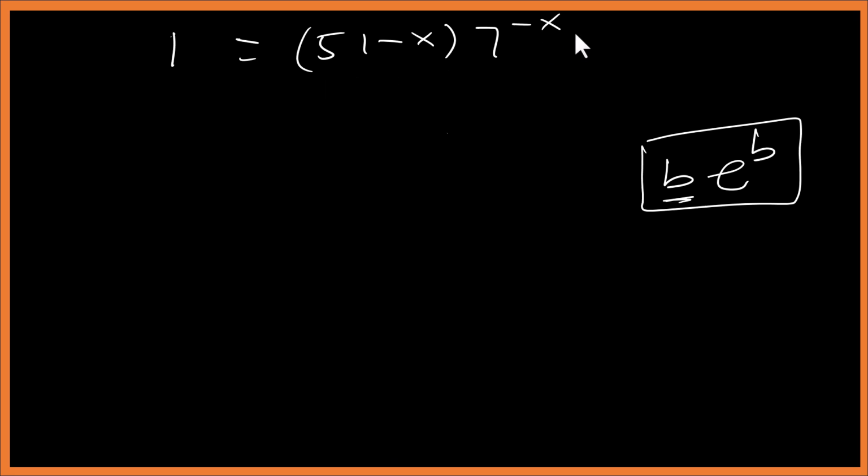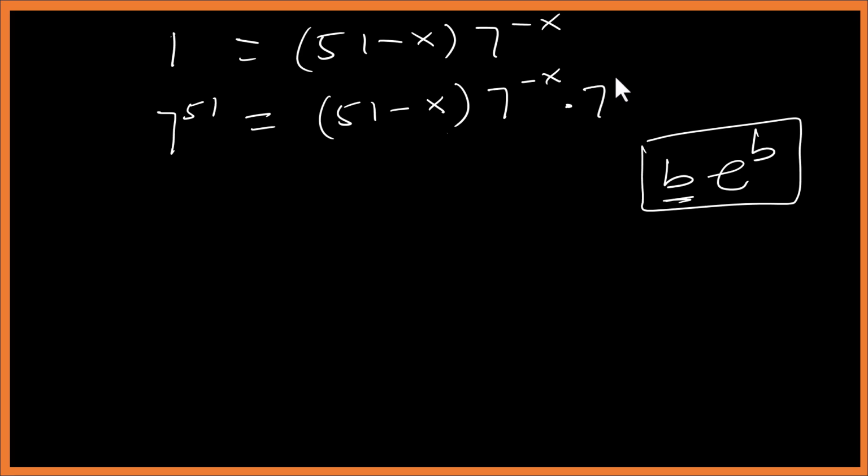Let's make this side also 51 minus x. So what we are going to do here is multiply both sides by 7 raised to 51. If I do that, this side will be 7 to the power 51 equals 51 minus x times 7 raised to minus x times 7 raised to 51.